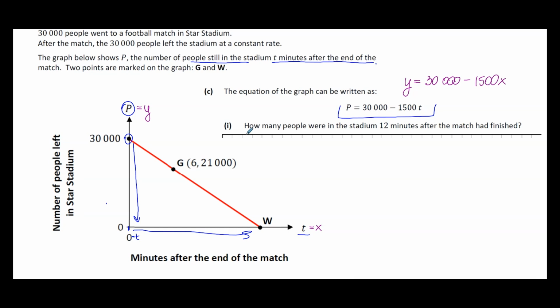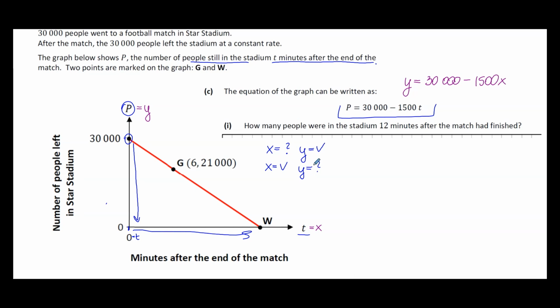So let's see what we need to do. How many people were in the stadium 12 minutes after the match has finished? All your questions about the function will be about that x and y value. Basically, they can ask you what is the value of x, and they will give you the value of y, or they will say, when we have this value of x, what is the value of y?